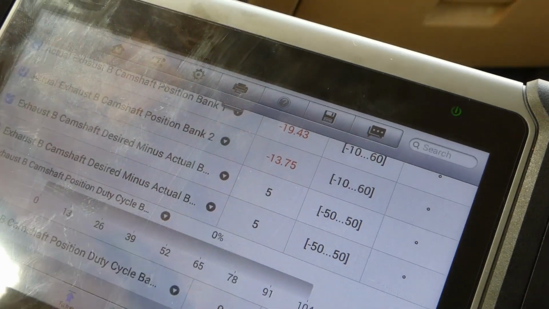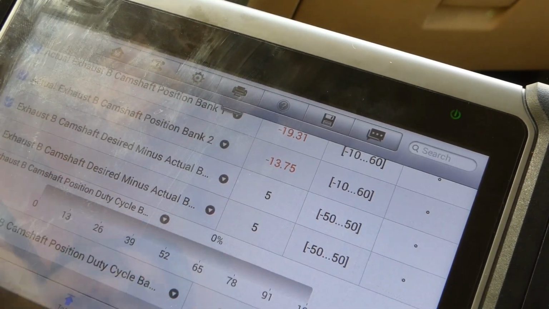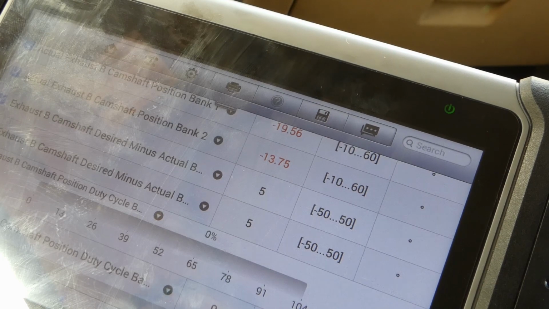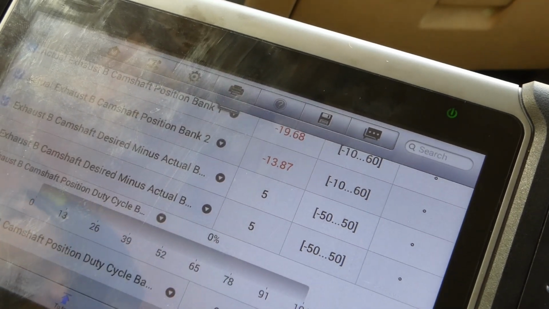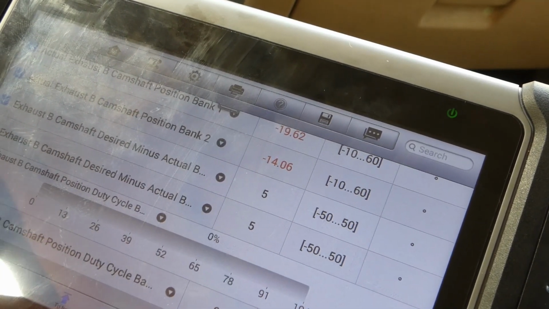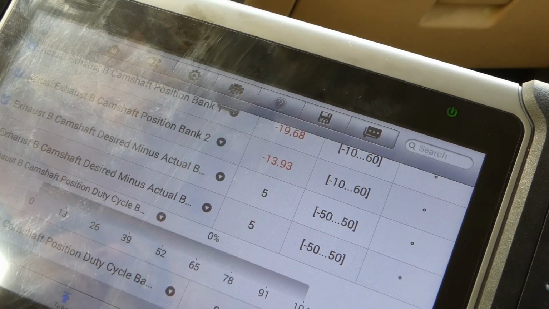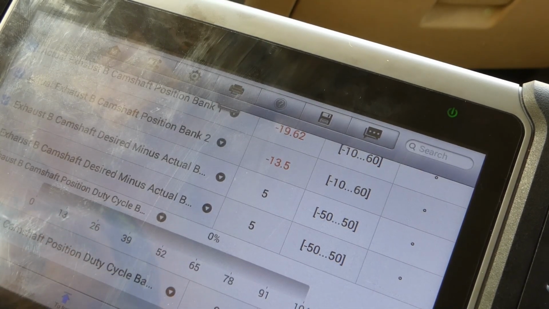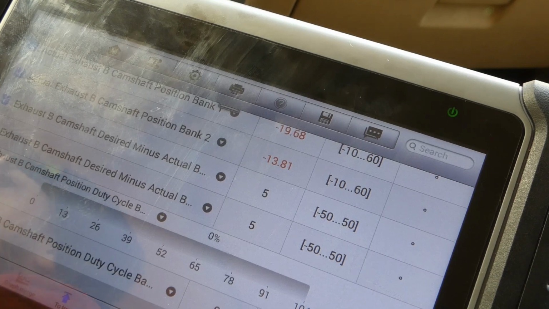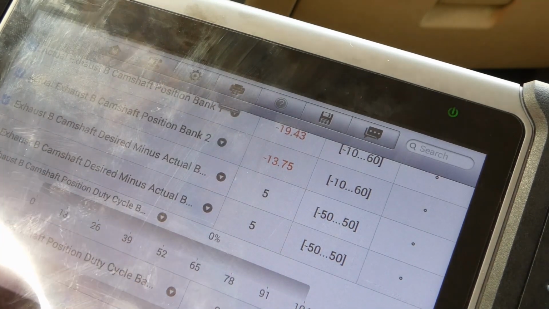Minus the glare. There we go. I don't like that.